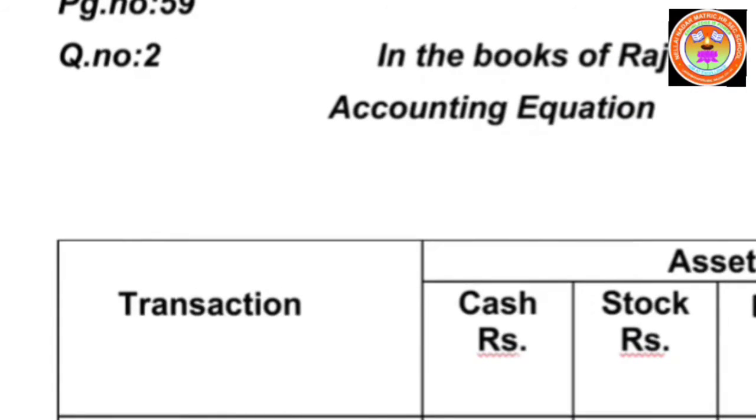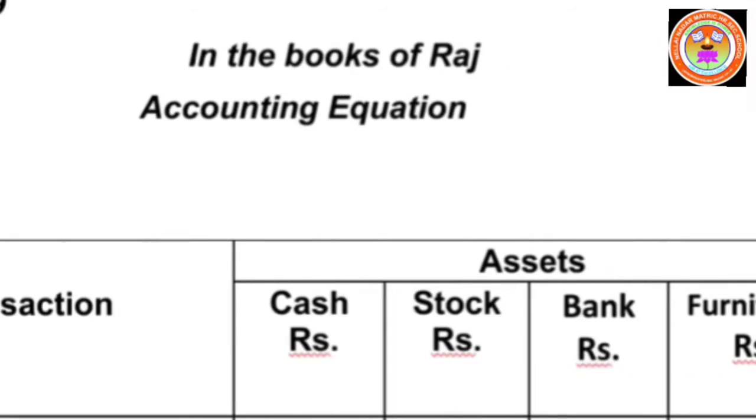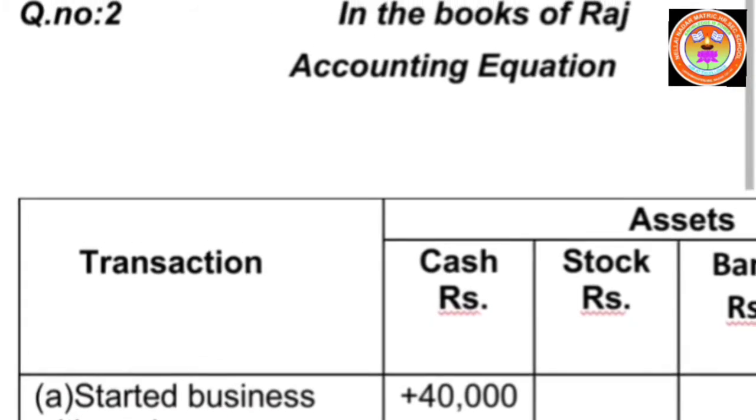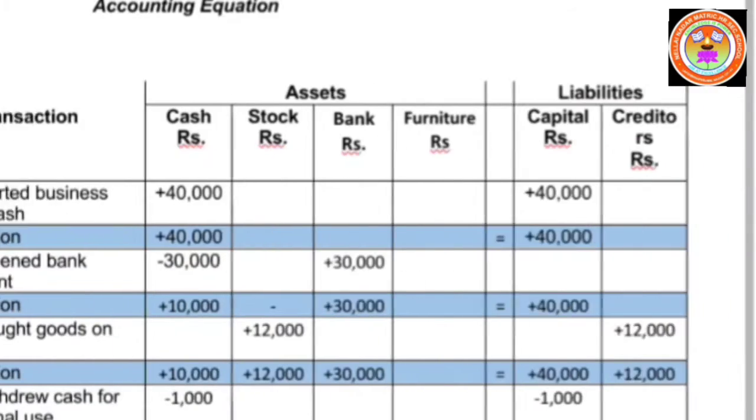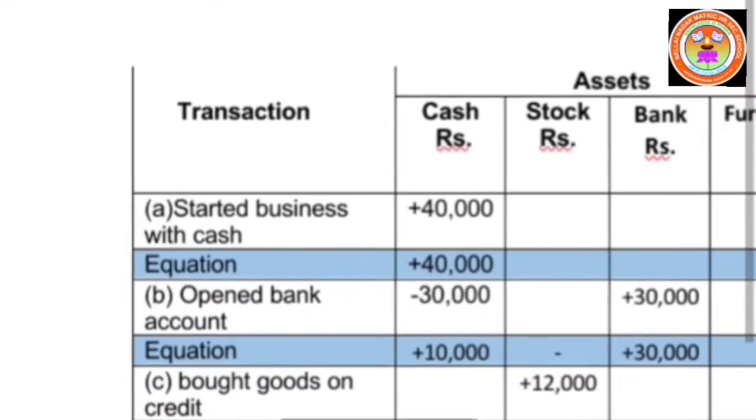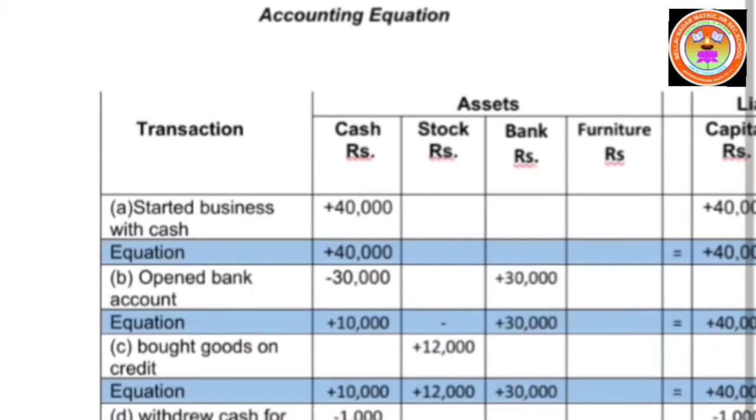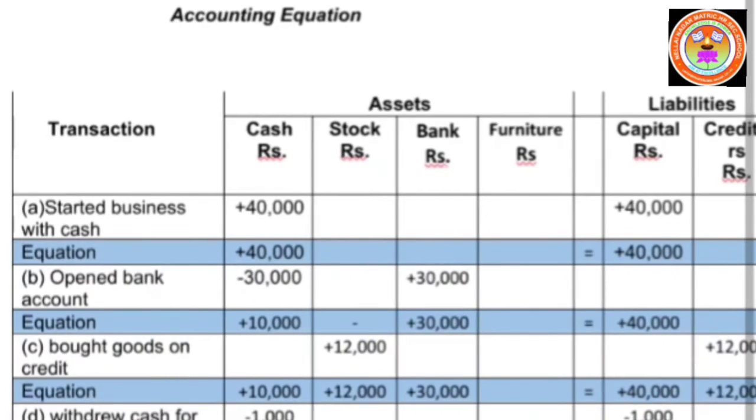Start the sum with the question number. Put the question number. Then in the title, write in the books of Raj. In the second line, accounting equation. Draw the tabular column like this. Here you have 3 major columns.